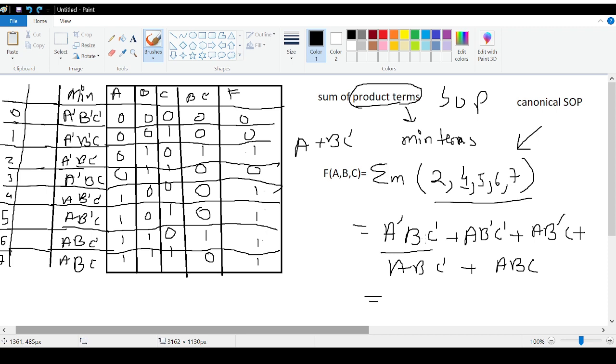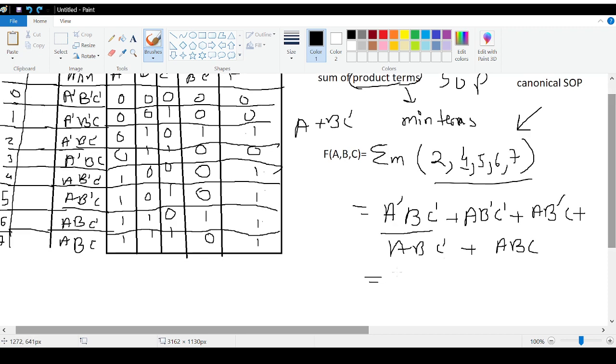Alright, so can you now simplify this? Can you try simplifying it using Boolean algebra we learned in the last class? Simplify this, okay? I'm not going to help you. You should come to this.